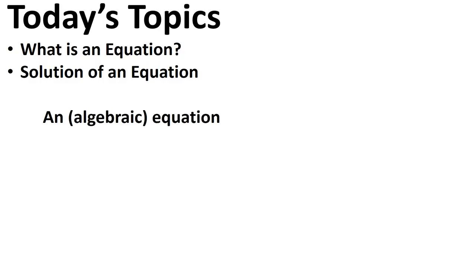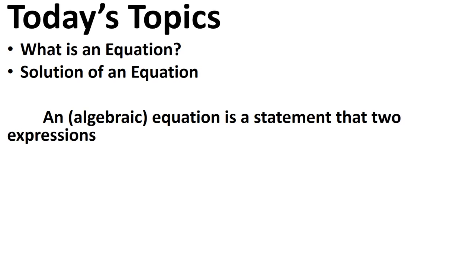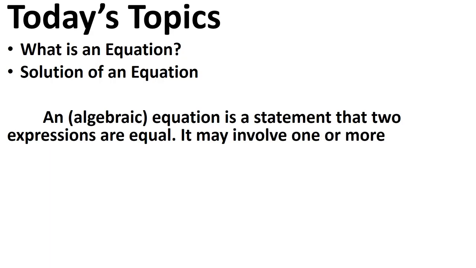An algebraic equation is a statement that two expressions are equal. It may involve one or more variables. An equation is a statement which has two expressions and between them there is an equal sign.